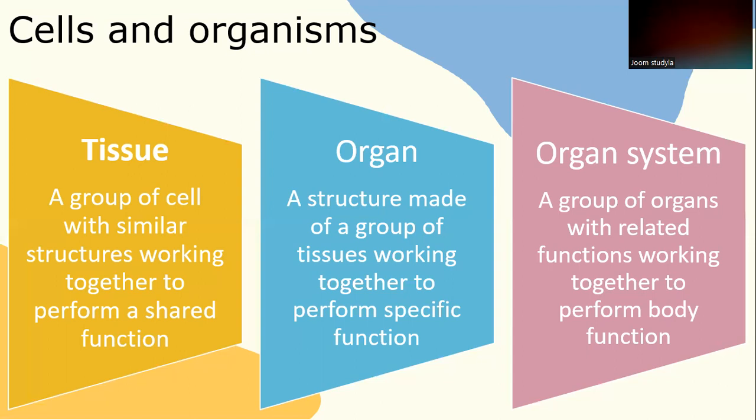The mouth, the intestine, and the stomach are all part of the digestive system. The heart is part of the circulatory system, while each kidney is part of the excretory system. So the way in which organisms are built up can be summarized like this: cells make up tissues, which make up organs, which make up organ systems.